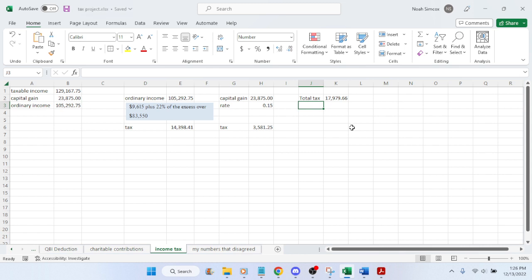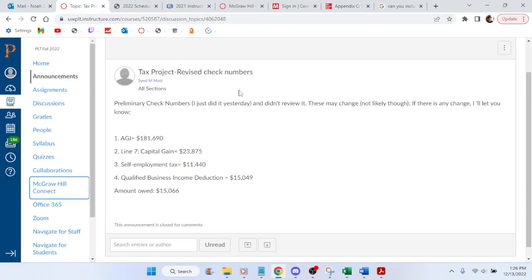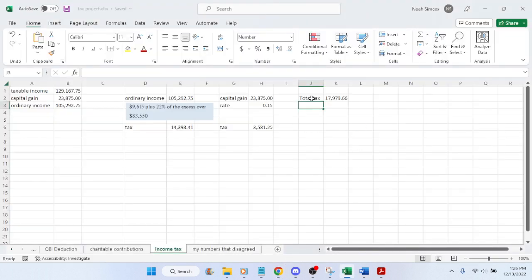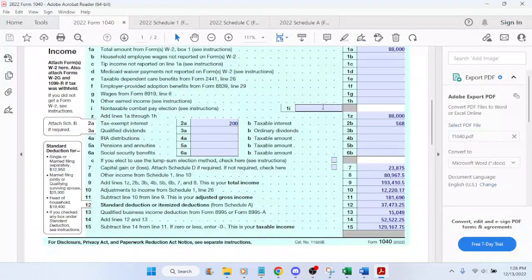And I probably got a different number. Well, actually, the number that you got, the check number is going to be the total amount owed, not the total tax. So I got a total tax, but they might owe less than this. Anyways, I got a tax of 17,979.66. So now let's go to the form.